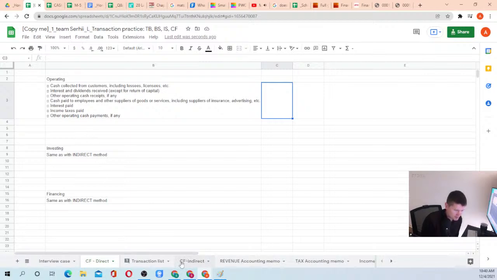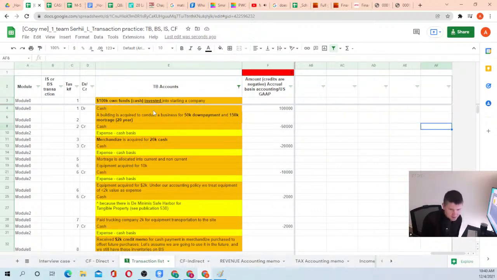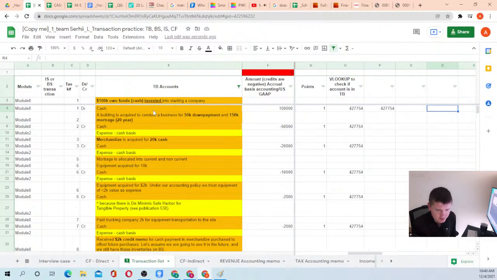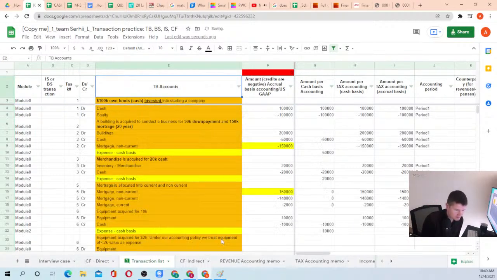So first transaction, we invested funds into the business. We debited cash. Something is filtered here, but I don't see where. Select all.